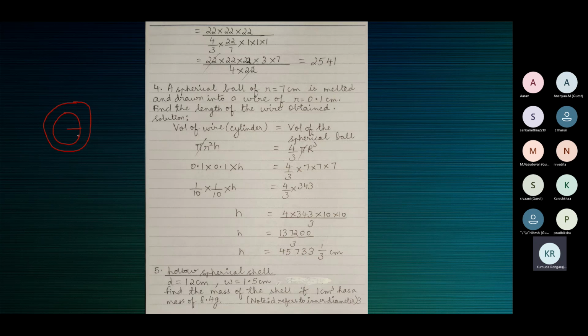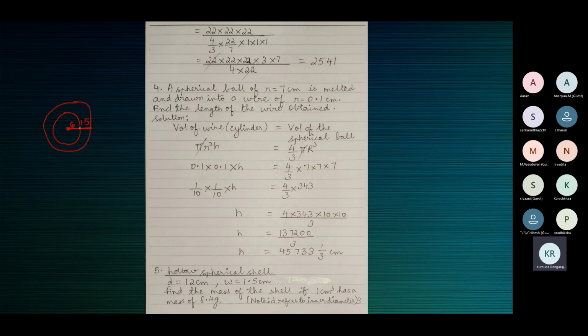This is the inner radius, 6. The thickness is 1.5. So the outer radius, from the center to the outer wall, is 6 plus 1.5. Just see it, you will understand. We have marked the radius.